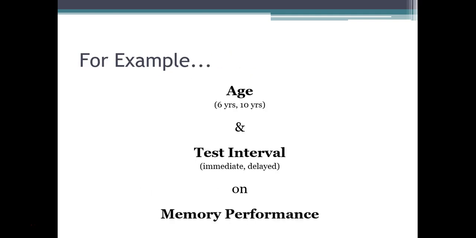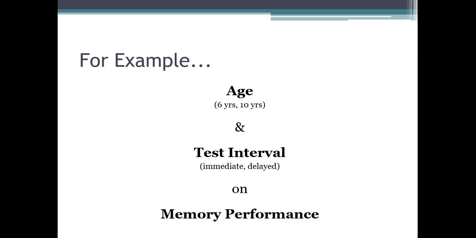So for example, here's a 2 by 2 study. We're looking at age as one factor, and we're going to test 6-year-olds and 10-year-olds. And test interval, so this is a memory test, and we're either going to look at immediate, so you give someone a memory test, let's say a list of words, and then ask them immediately to tell you the words, or delayed test interval, meaning you tell someone a list of words, and then in 20 minutes you ask them to remember the list of words.